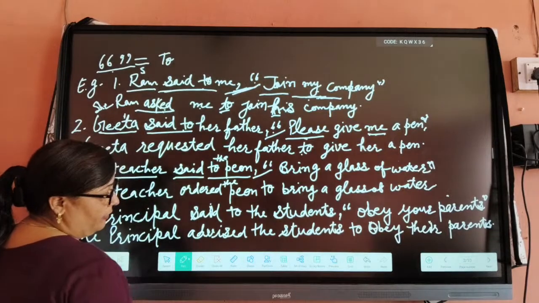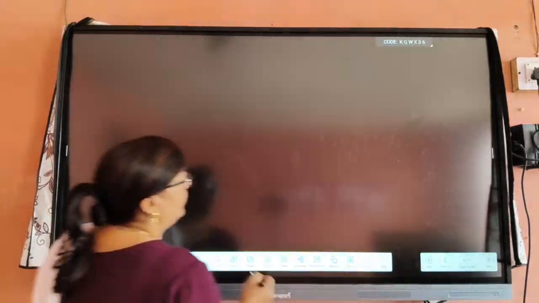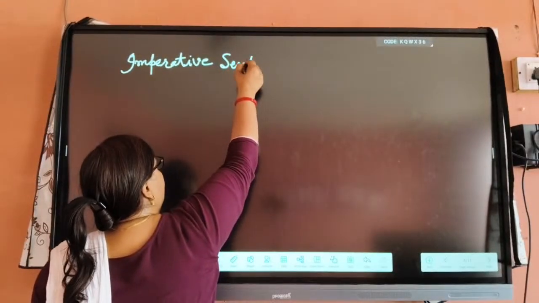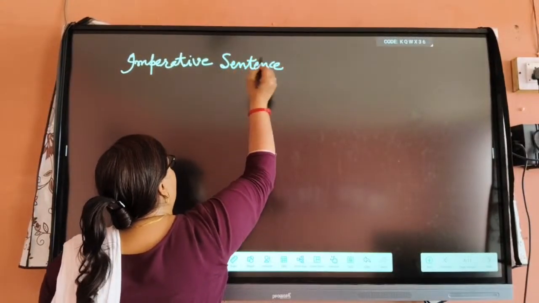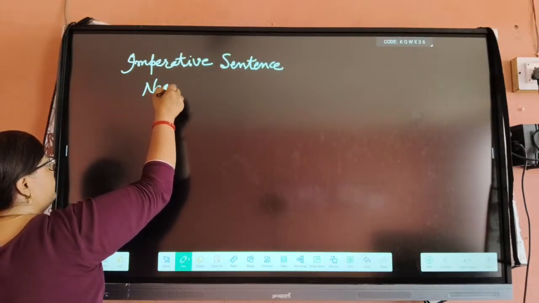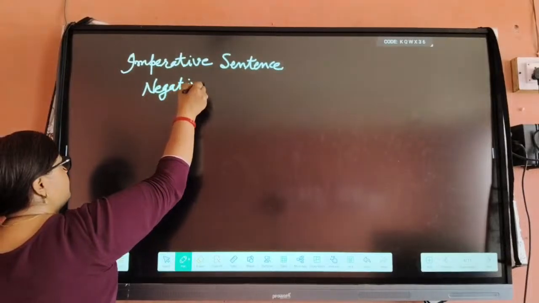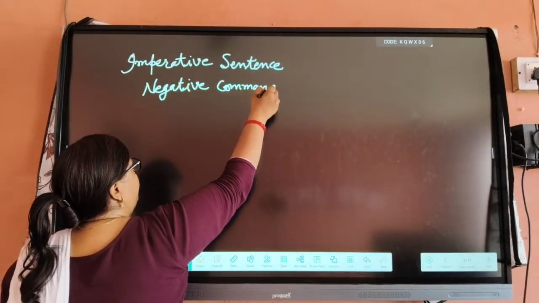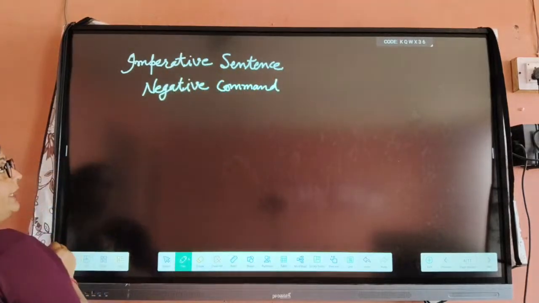This is narration of imperative sentences. Now we will learn the narration of negative command. The imperative sentence will be of negative command.